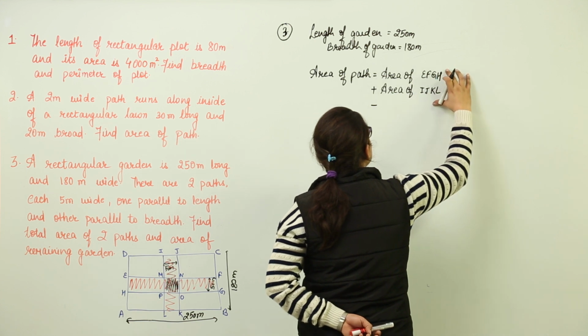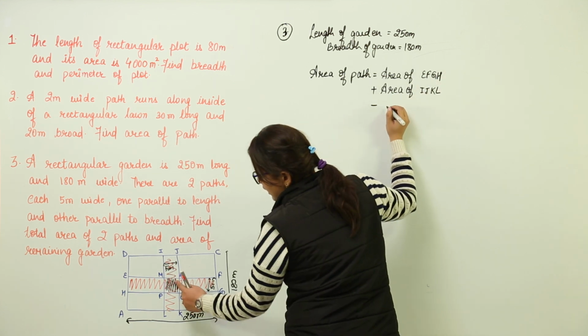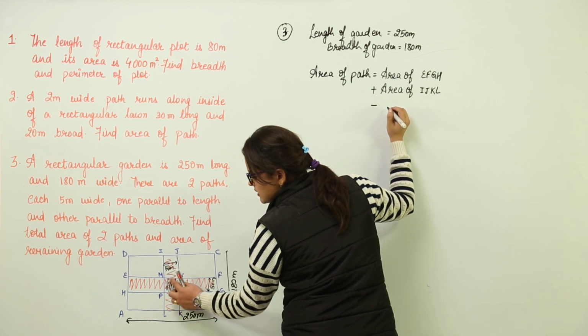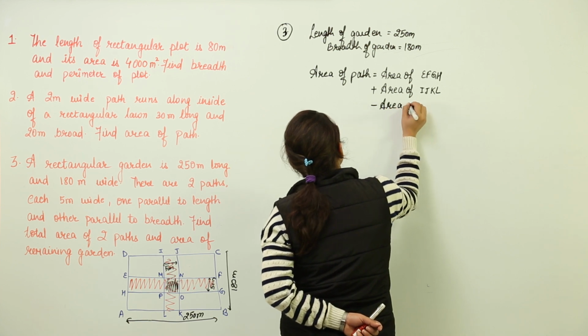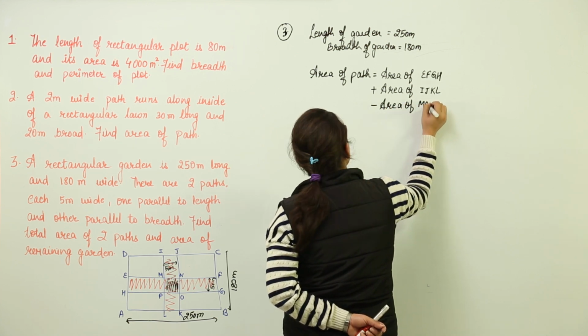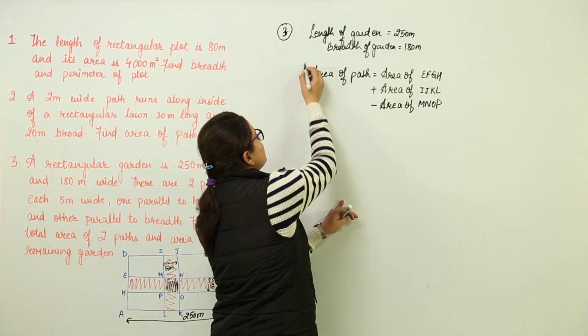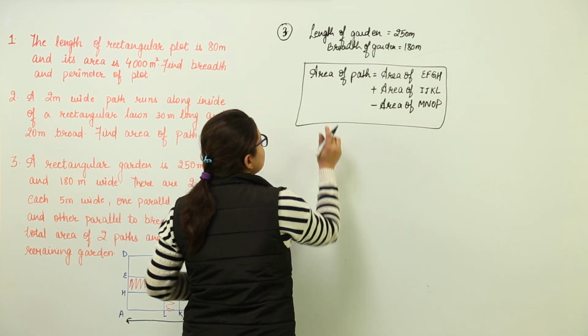And out of the sum of this, you will have to deduct the area of this square. You can see over here, it clearly indicates a square. So we have this square as MNOP. Now here I have written down the whole formula that is to be used for calculation. Let us do this now.